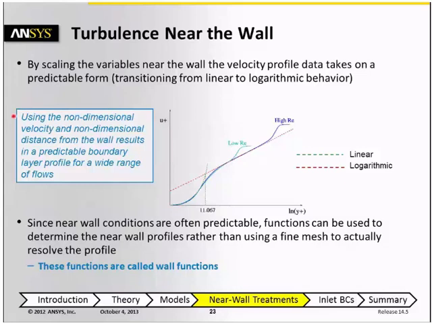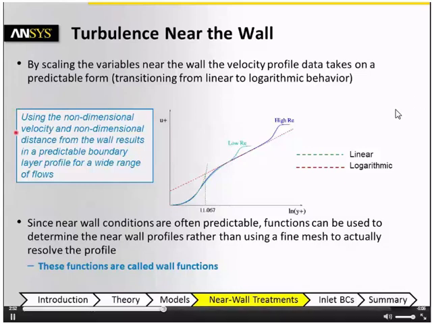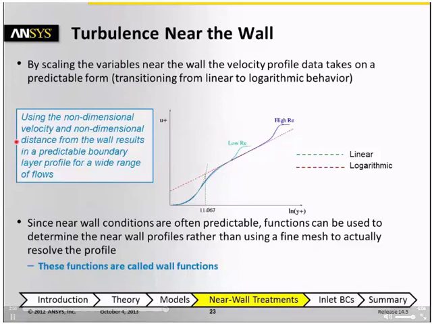By using the non-dimensional velocity and non-dimensional wall distance, we see that there's predictable boundary layer profiles for a wide range of flows. And this is shown on the graph here, where we have velocity profiles from two different flows plotted on the same graph. One of the flows at a lower Reynolds number, and the other flow at a higher Reynolds number.